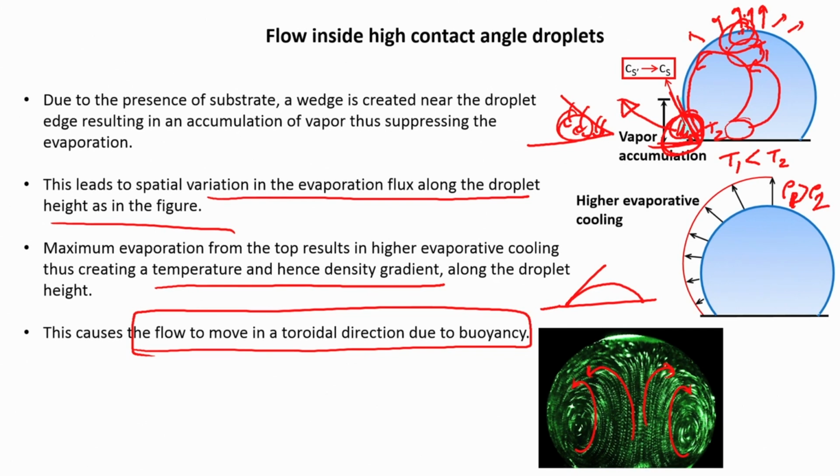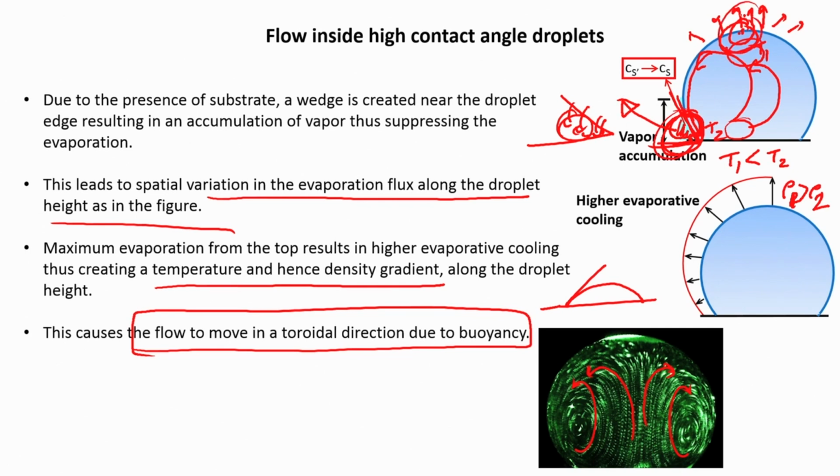Marangoni related stress means that higher surface tension will actually pull the fluid towards itself. So, that can also happen in this particular case. So, fluid can be pulled towards the top. But in this particular case, it is mostly due to the buoyancy effect that is created automatically, because of this wedge structure, because here the evaporation flux is low compared to that case.